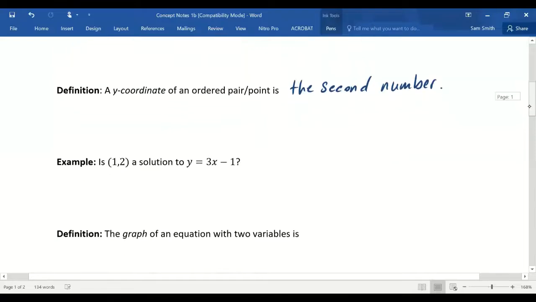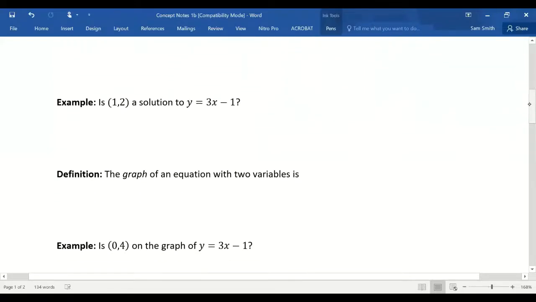So, for example, someone gives us the ordered pair, gives us the point 1, 2. Is that a solution to y equals 3x minus 1? So take a moment. In the pair 1, 2, who is x and who is y?